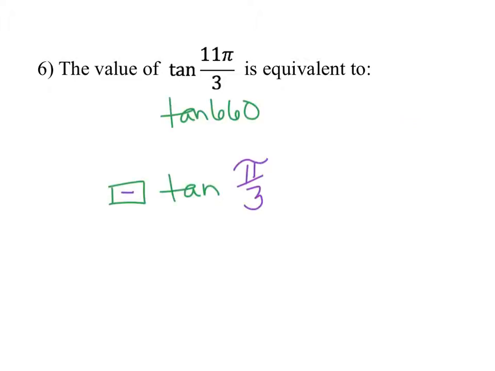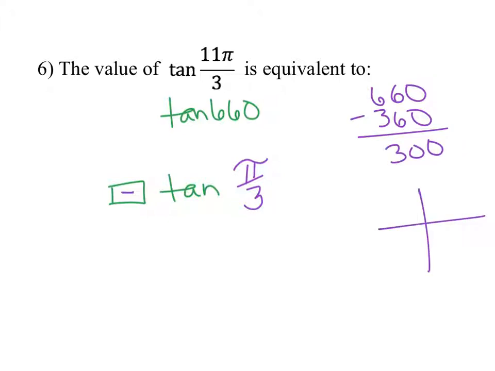Try this. This particular one, you should have got negative tangent of pi over 3, or negative tangent of 60. When you convert 11 pi over 3, you get 660. Subtract 360 so you get it between 0 and 360, and you get 300.